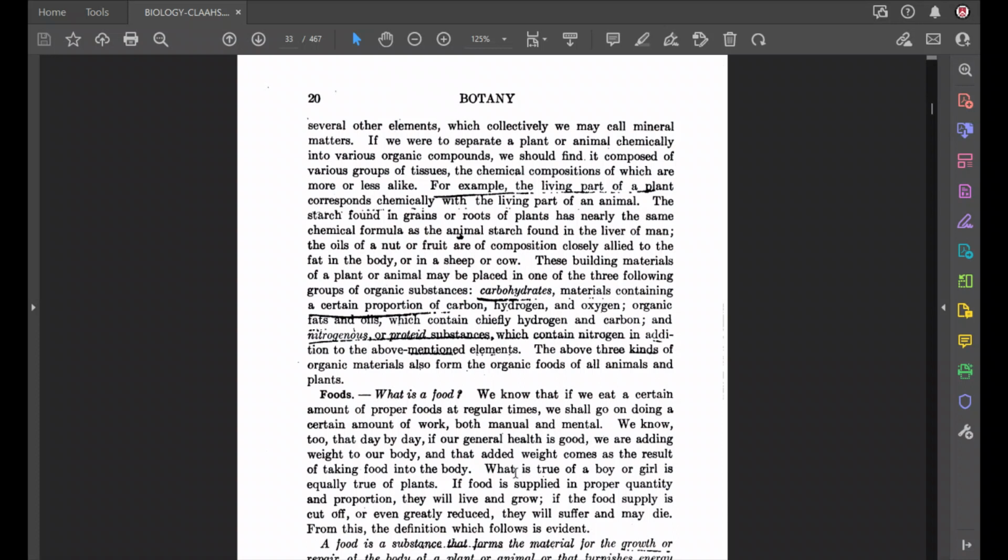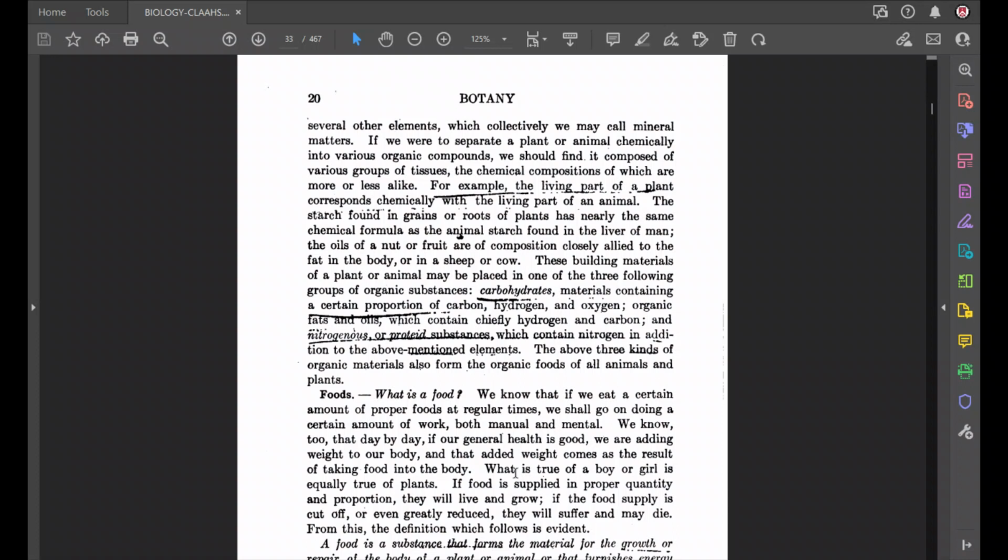Our book tells us the above three kinds of organic materials also form the organic foods of all animals and plants. All right, so not only are our bodies made of these things, but think about it. If plants and animals are made of these things, what do we eat? Plants and animals, right? So we eat the same things that our bodies are made of.